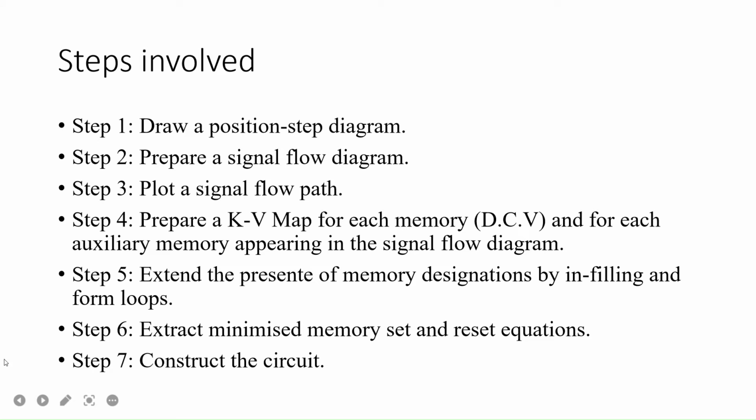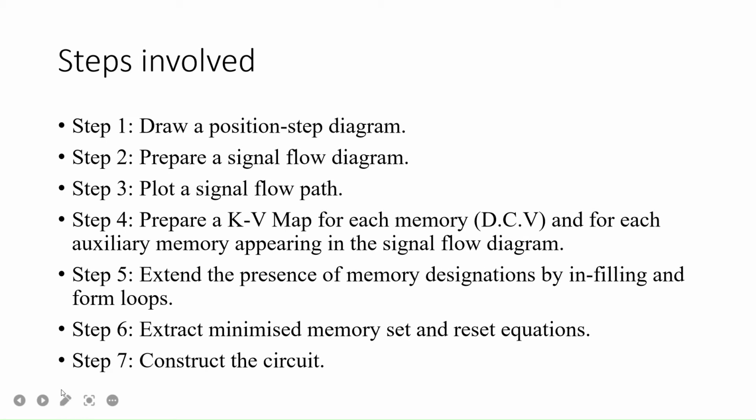So these are the 7 basic steps involved in the KV map method. Initially, we have to draw a position step diagram according to the requirement in the question, and after that prepare a signal flow diagram. After that, plot a signal flow path. Then prepare a KV map for each memory, that is, for each direction control valve, and for the auxiliary memories.